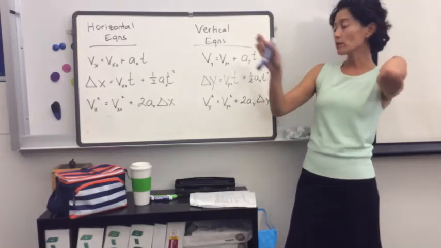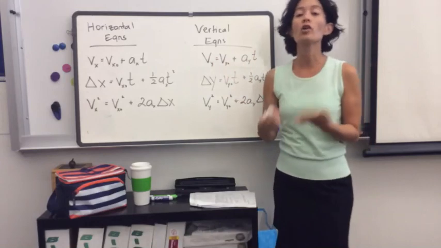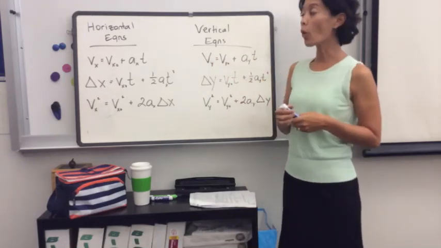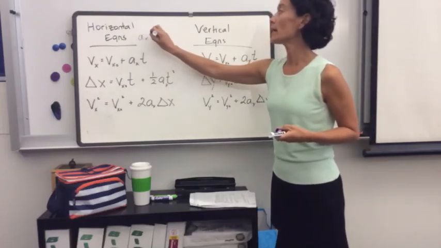But before you write them down, let's see what happens with the knowledge that we have a zero value of acceleration for the horizontal. I'm saying my AX is 0.